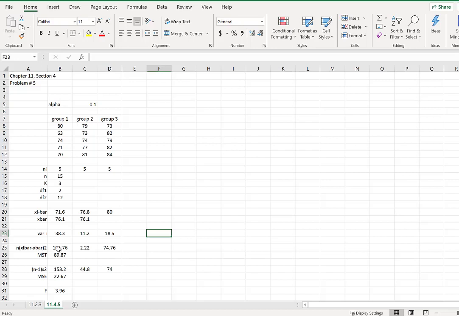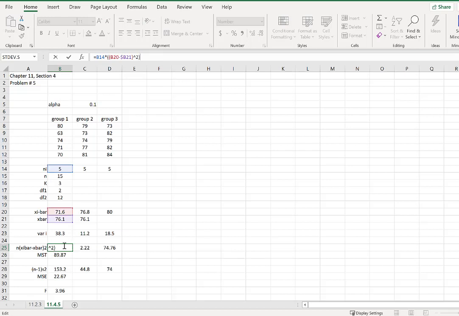So what I had was the ni, the number in group 1, that's B14 in blue. And then I multiply that by the mean x1, that's in red at B20, there's x1 bar, so that's the mean of group 1.